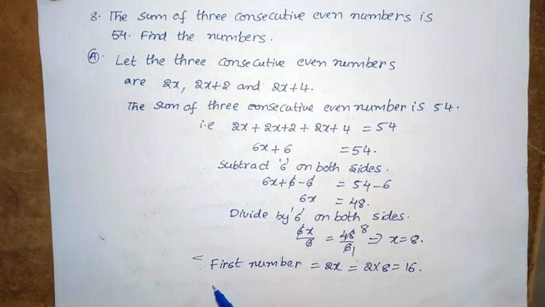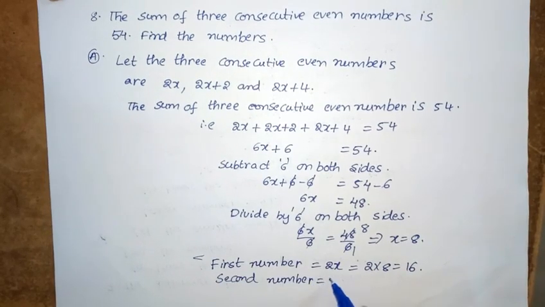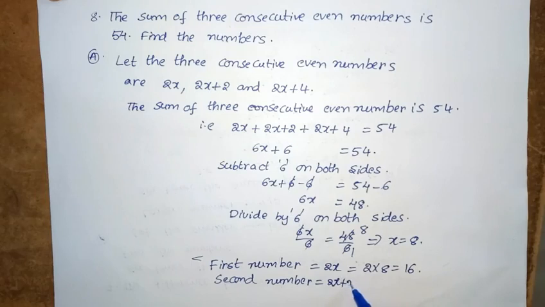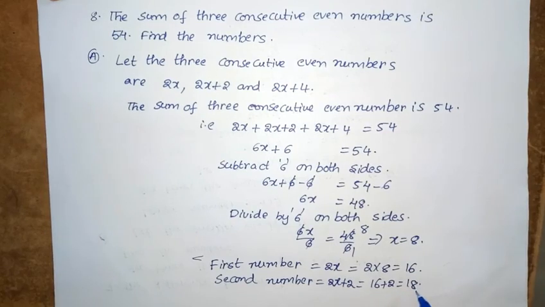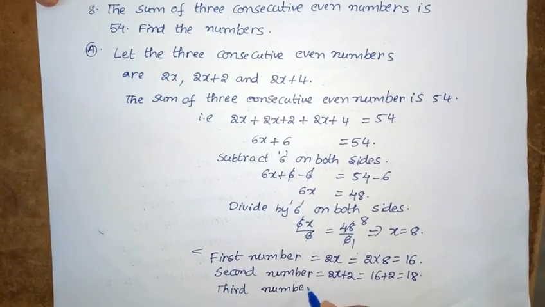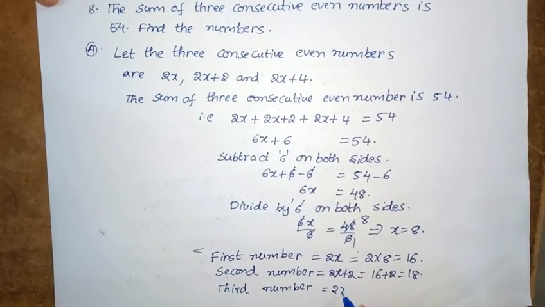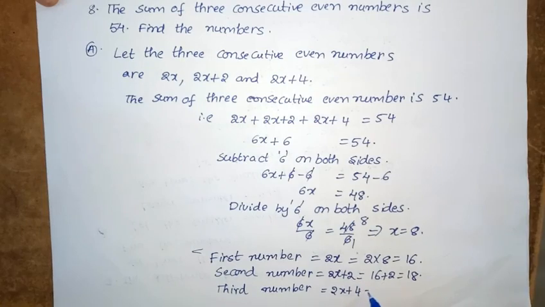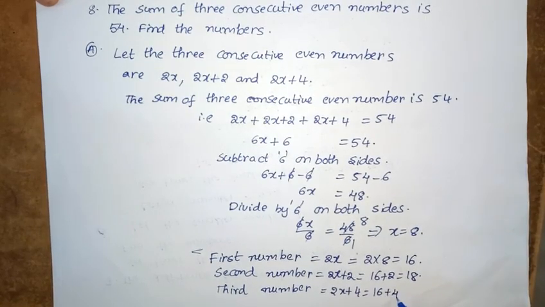Next, the second number is equal to 2x plus 2, which is 16 plus 2, equal to 18. So second number is 18. Next, the third number is equal to 2x plus 4, that is 16 plus 4 equal to 20.